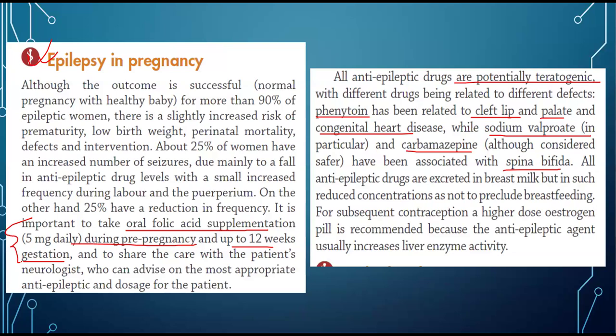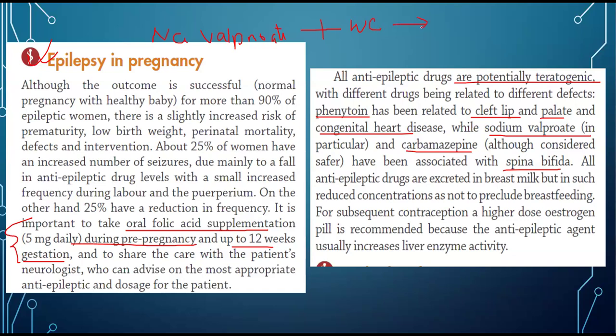Now, the question that comes in exam is this: a patient comes to you for pre-pregnancy counseling and she is a known epileptic. She takes sodium valproate. They say that for the last 2 years she did not have any seizure. That means her seizure is well controlled.